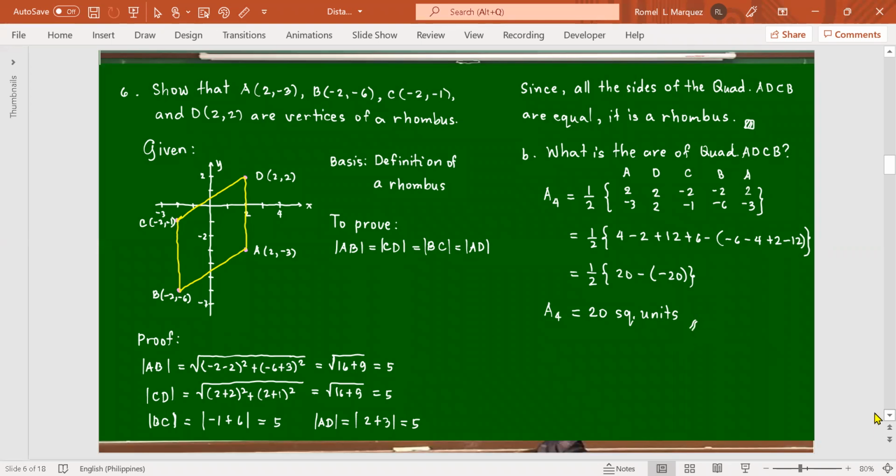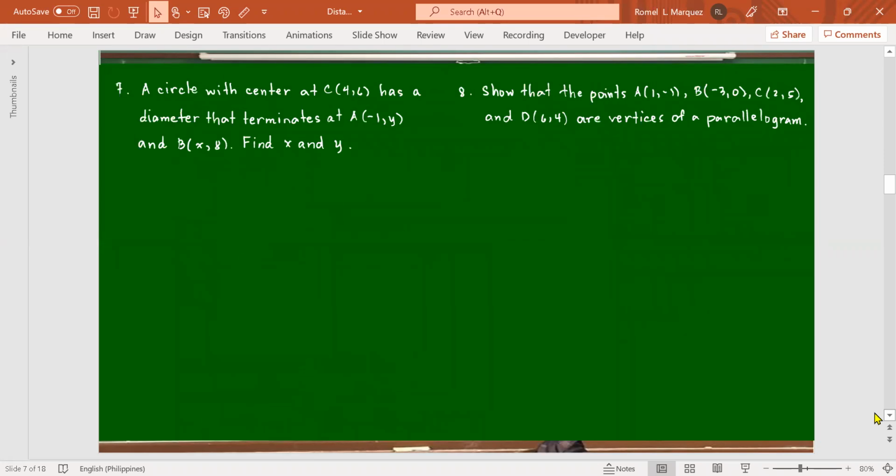Okay. Next problem. A circle with center at (4, 6) has a diameter that terminates at A, whose coordinates are (-1, y), and B, whose coordinates are (x, 8). Find x and y, meaning the values. No? So we can illustrate this arbitrarily, no?